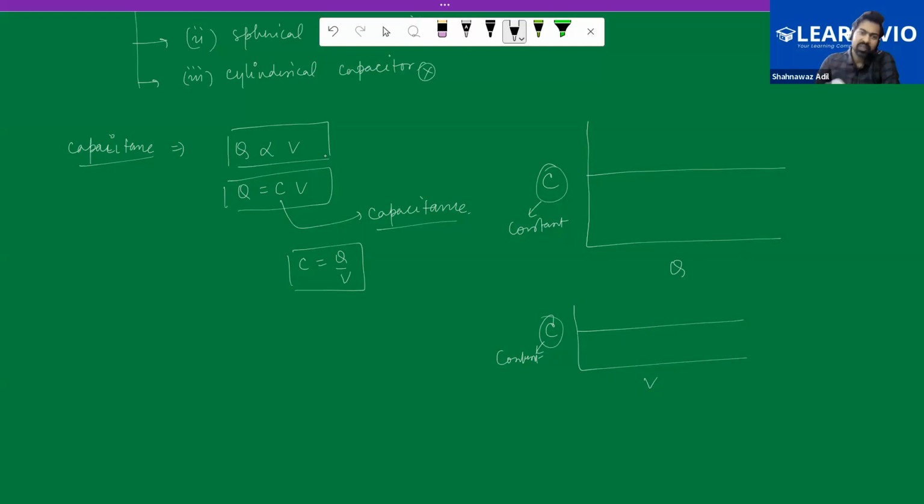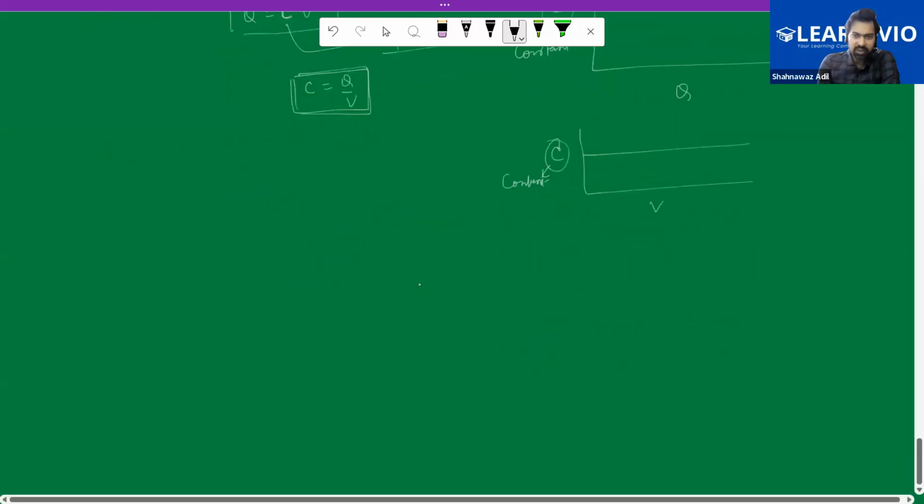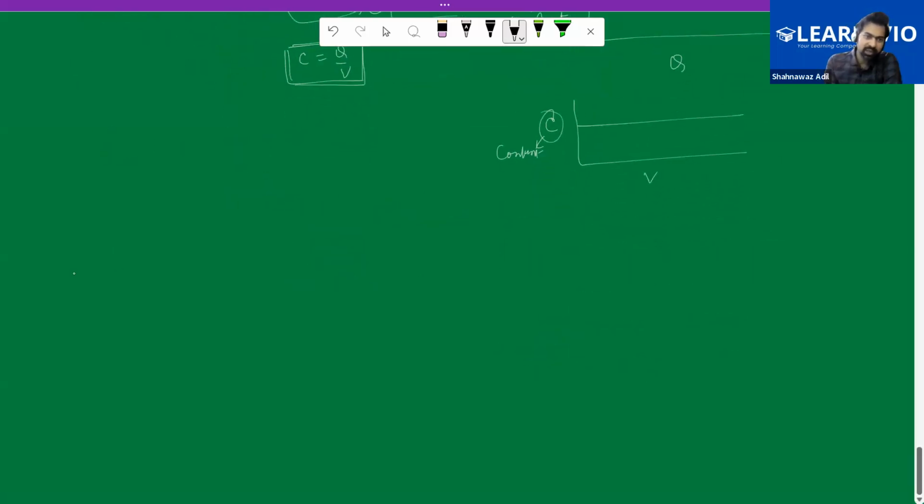So this is the thing that we have to always remember, that C is Q by V. For a capacitor, capacitance is simply the ratio of the charge and voltage. So that is the capacitance. Now let us talk about the parallel plate.